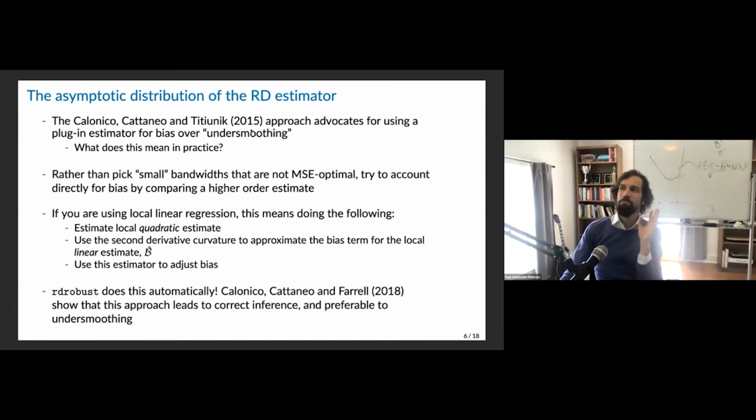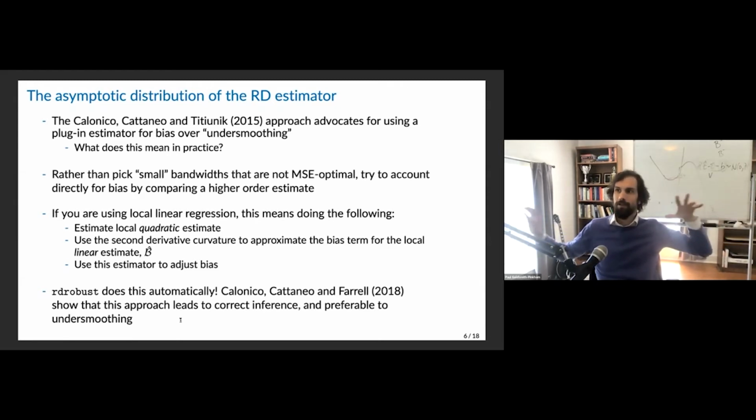What they're advocating for, so Calonico, Cattaneo, and Titiunik, for those of you who don't know, have a bunch of papers. If you aren't familiar with this space, I'm going to point you to the packages that they have. They have staked out this territory in a way that's kind of amazing.